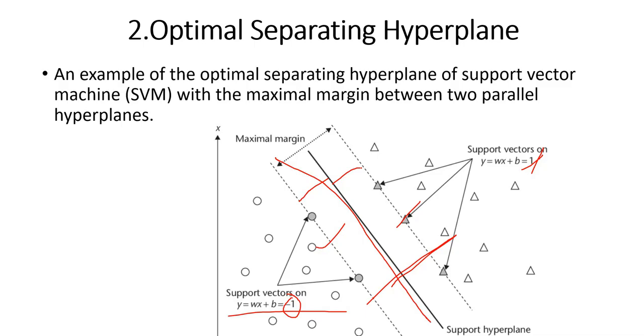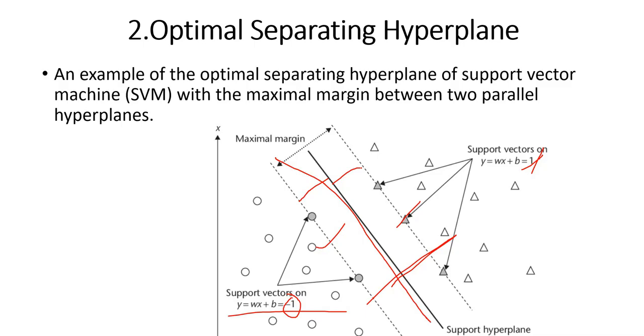So we are just summarizing: the optimal separating hyperplane is the decision boundary that separates two classes while providing the maximum possible margin. The two dashed lines represent the margin boundaries, the points lying closest to the boundaries are the support vectors, and the distance between the two margin boundaries is the maximum margin that SVM tries to achieve.